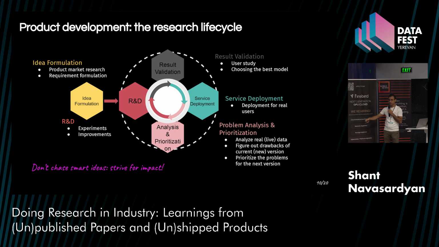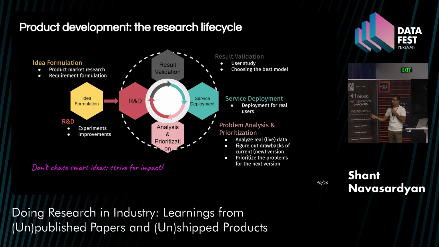We do experiments, we iterate, we see what the problem is and make some improvements. After improvements, when we think that we have an improvement, we check the results. We do user studies, asking people to vote, and also asking our product managers to validate that this is what they and us were expecting from the new version.